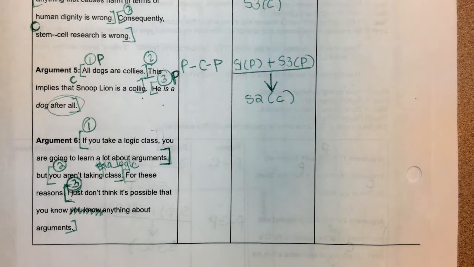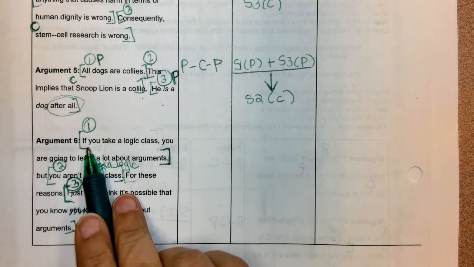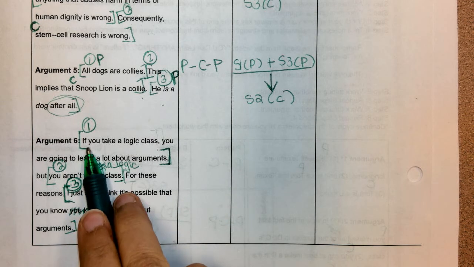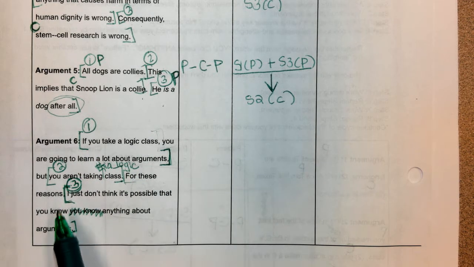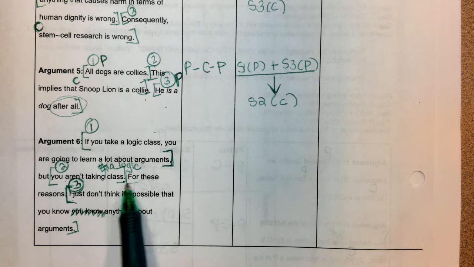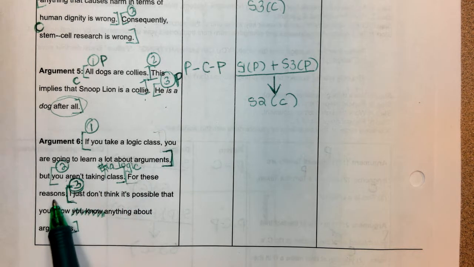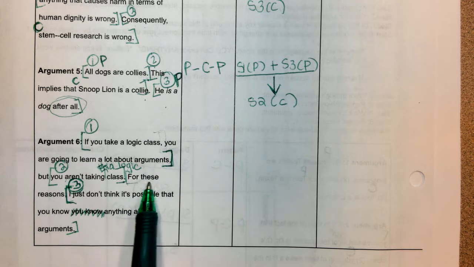Okay. So now, do I have any indicator words that I can use as a clue? Remember what I told you to write down in your notes about if. I told you that's not a premise indicator, it's only a conditional indicator. So all we know is it's a conditional. Statement 2, don't know what that is. Now, look at statement 3, for these reasons. What did I tell you is a synonym for reasons? Premises. We went over this one in class.